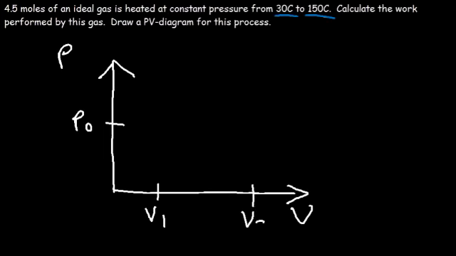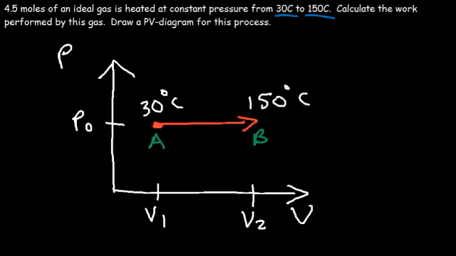Now we don't know what V1 or V2 is equal to, but we can just call it V1, V2. We do know the volume is increasing. So if we call this point A and point B, at point A, the temperature is 30 degrees Celsius, and at point B, it's 150. To increase the volume, you have to increase the temperature, or at least that's one way in which you can increase the volume.